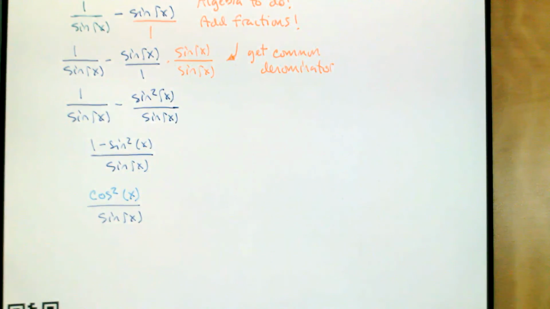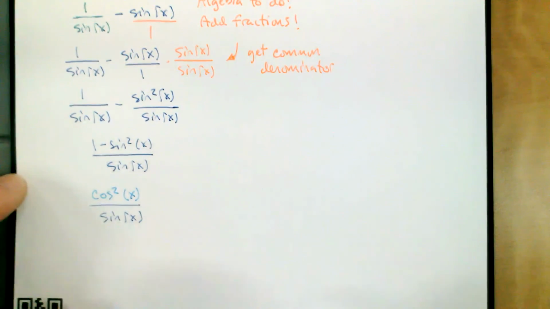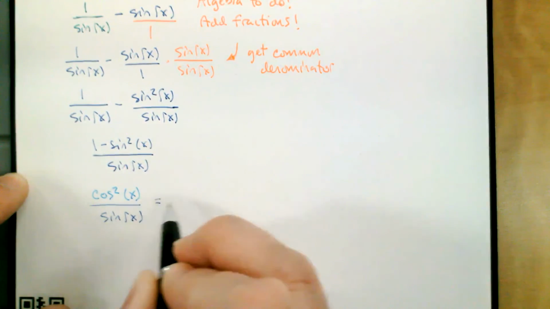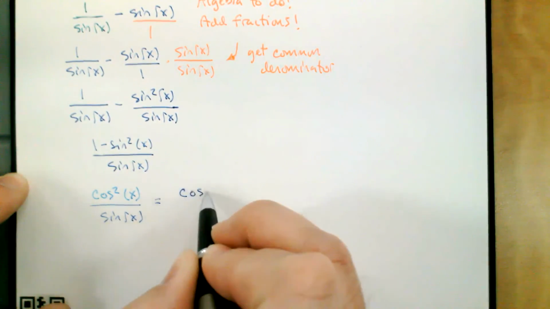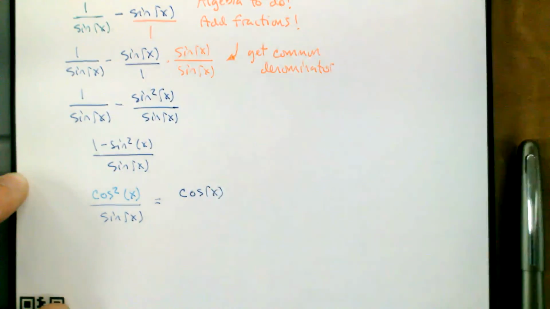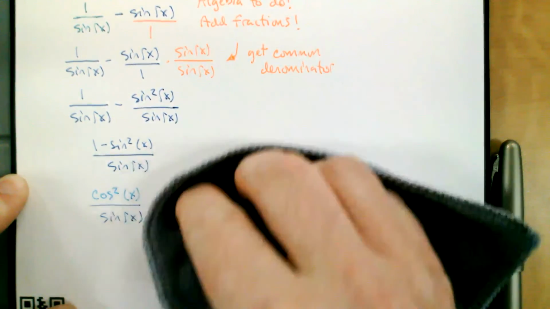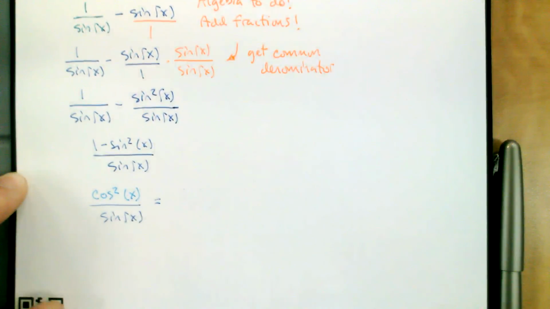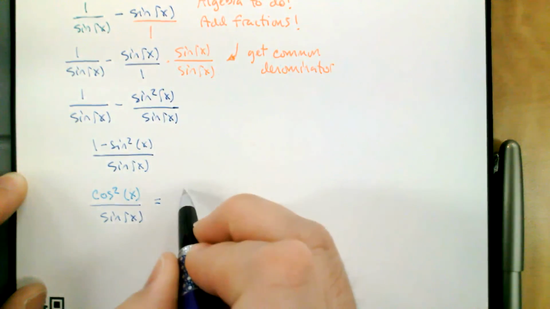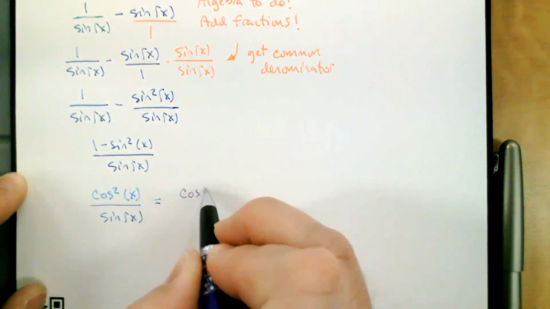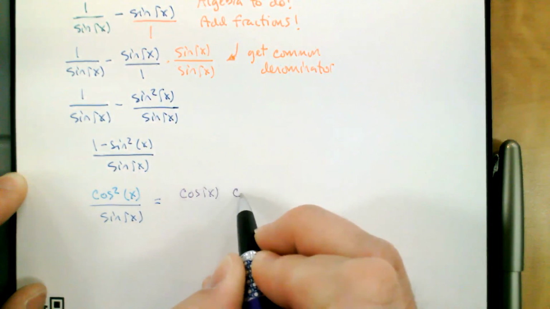Now, if I break apart the cosine squared, it just means I have 2 factors of cosine. So I can write cosine squared as cosine x times another cosine x.